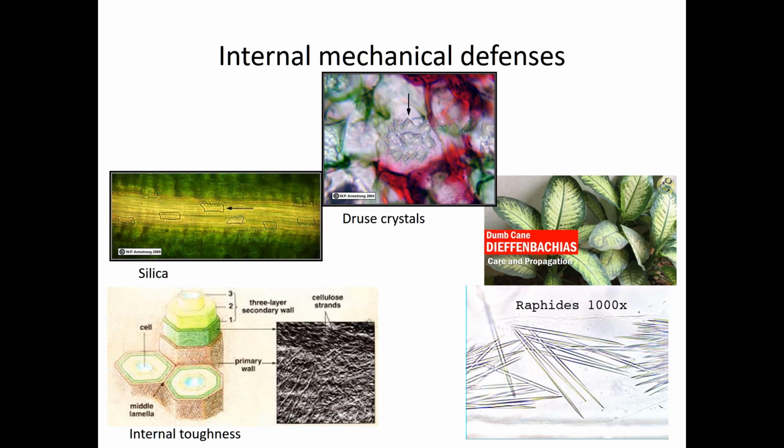Incidentally, going back to these calcium oxalate crystals, oxalis, a plant that we've seen in lab, has a sharp, sour taste because of oxalic acid. If you have too much of that oxalic acid, it can precipitate and give you kidney stones, which are, incidentally, calcium oxalate. So very similar to these druse crystals and raphides.